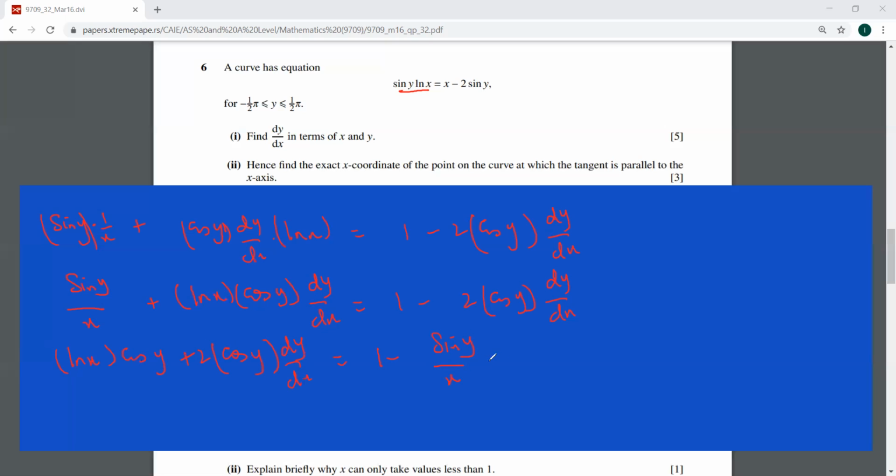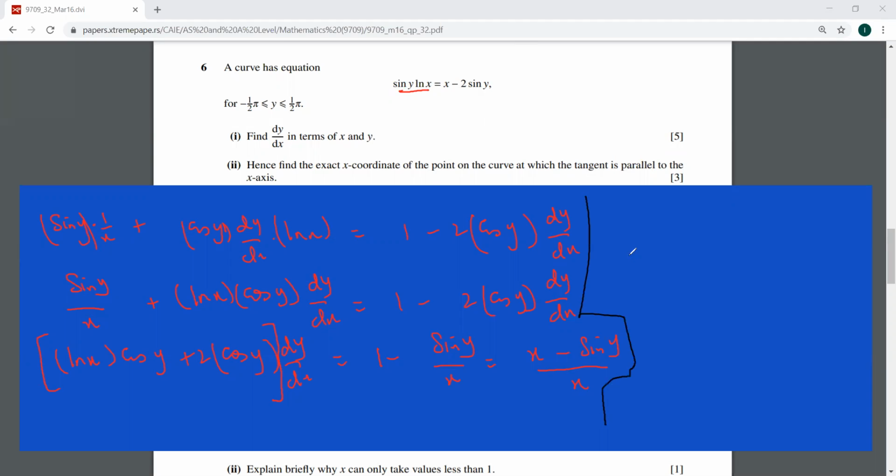Again, this you can write as x minus sine y over x. I have taken this dy by dx common as well when I shifted this 2 cos y dy by dx to the other side.